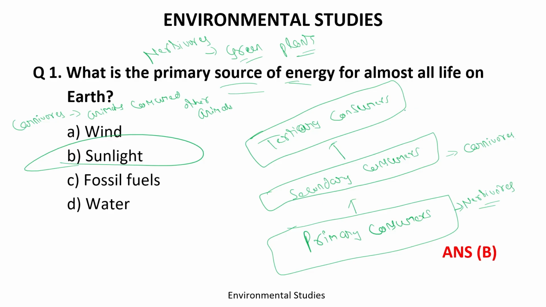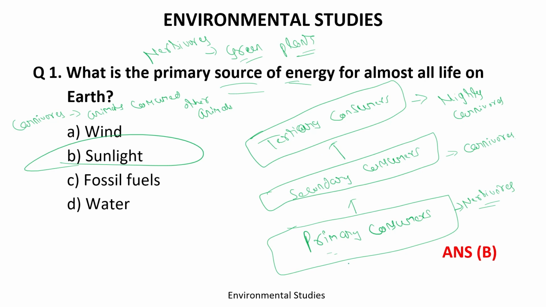Then come the tertiary consumers, the highly carnivorous animals that consume the animals that consume other animals. So this is the energy flow.